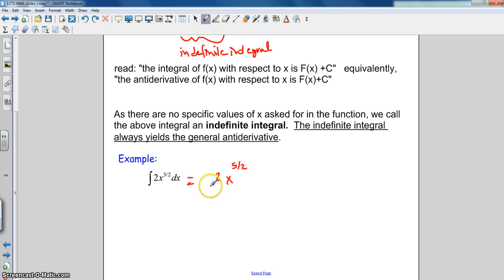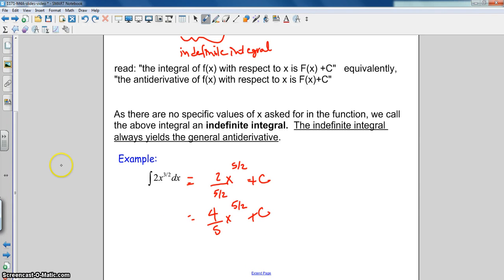And then I also need to divide by the new exponent, 5/2, and then add a constant. Simplifying this a little bit, this is going to be 4/5 x to the 5/2 plus c. Again, same idea, it condenses the notation and the writing a little bit for us.